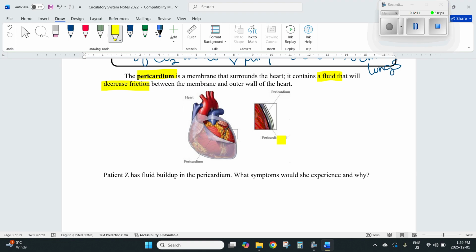You have a bag around your fist, and then there's fluid between the bag and the hand, or the pericardium and your hand. So there's more fluid existing within that area than there normally is. And I'm asking you here, what symptoms would the patient experience and why?